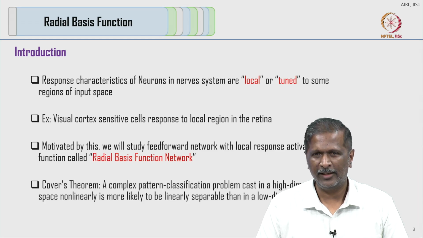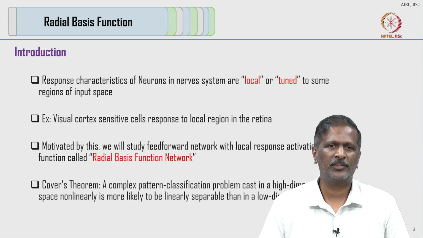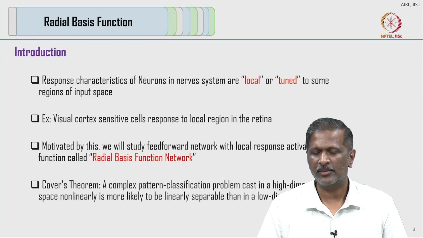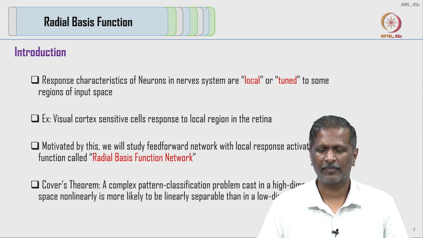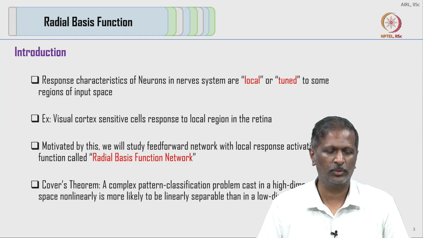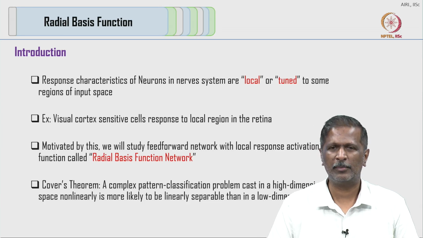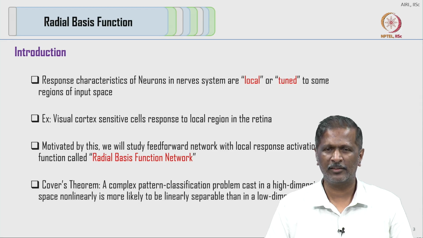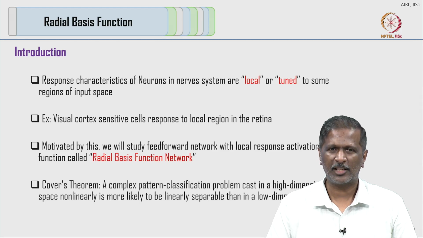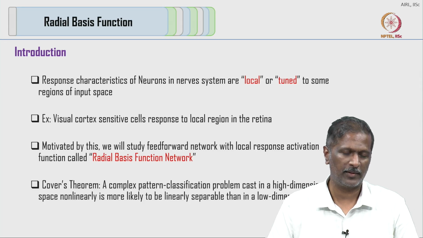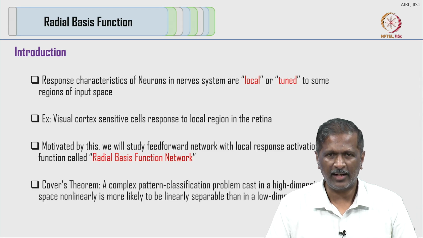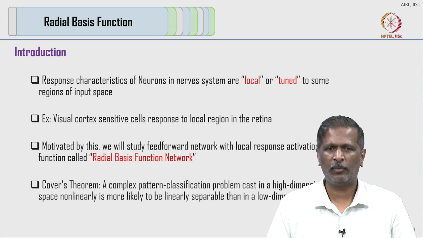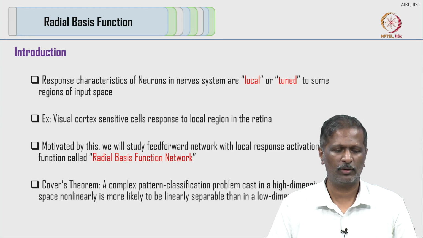Now if you look at the response characteristics of a neuron in nervous systems, they are more local, or what we call locally tuned. These are classical experiments done in neuroscience, and particularly when you look at the visual cortex, the responses are very local, or locally tuned to the region of the input space. That really opened up the question: why should our activation function be a sigmoid or something, why can't it be locally tuned?